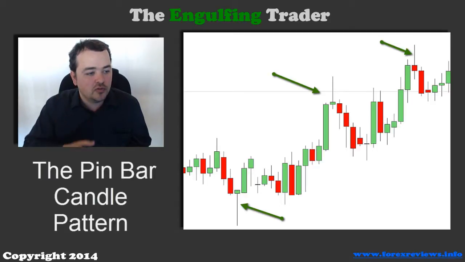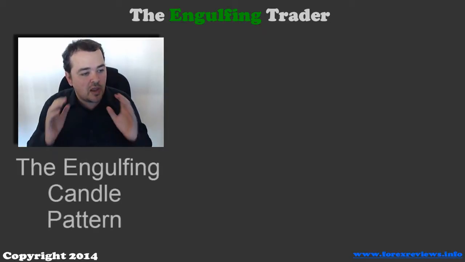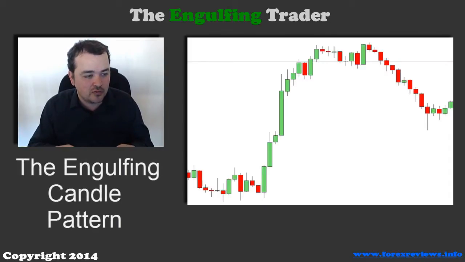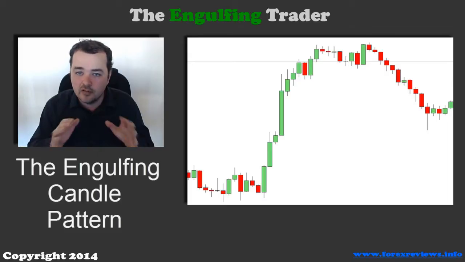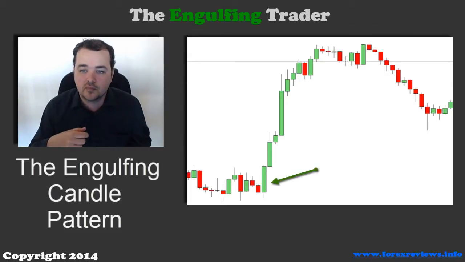The fourth signal, and I'm sure you're waiting on it, is the engulfing candle. Now, this is one of the most powerful price action candles out there in the Forex market. In fact, in all markets completely. This candle does not really get that much media attention.